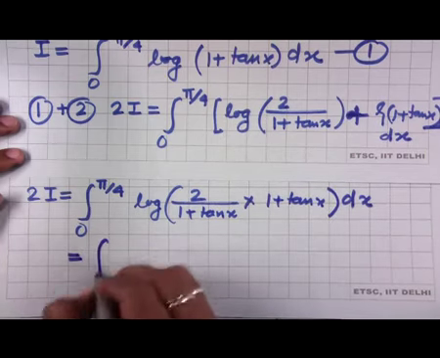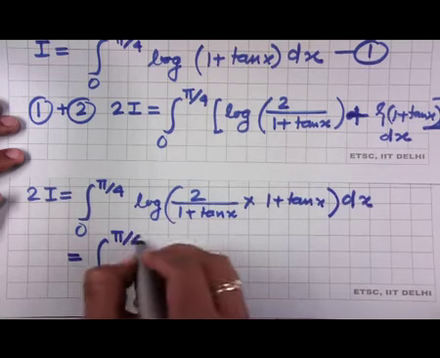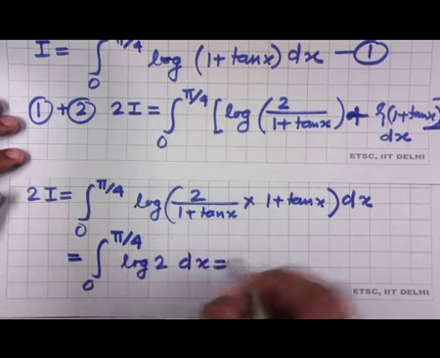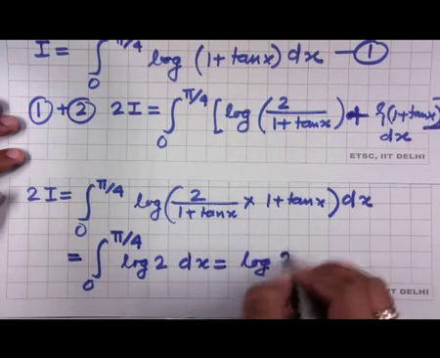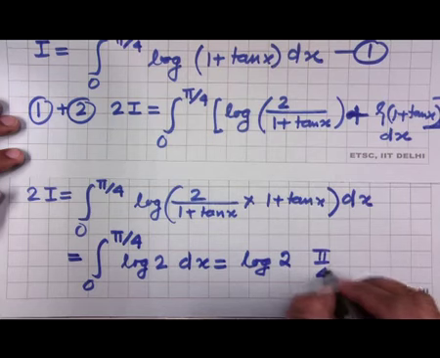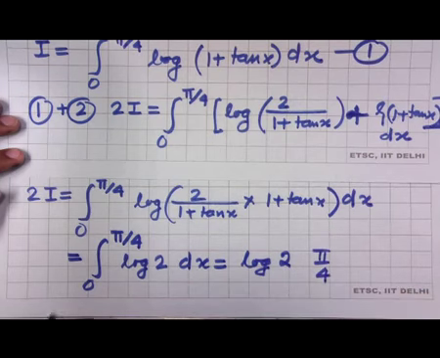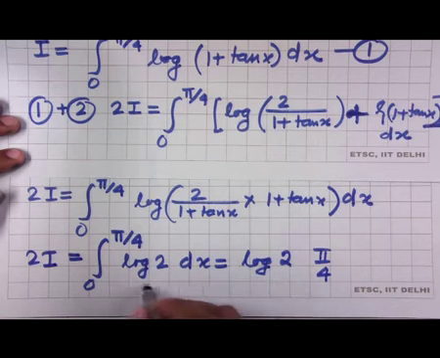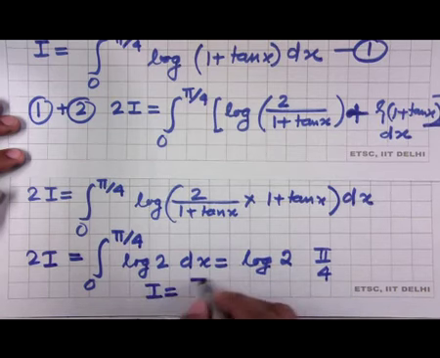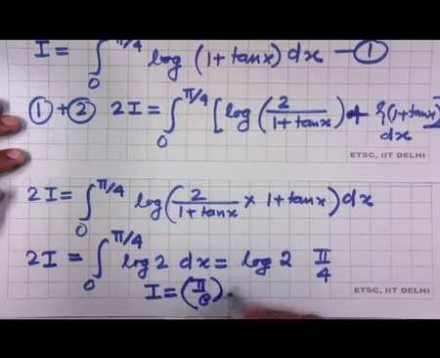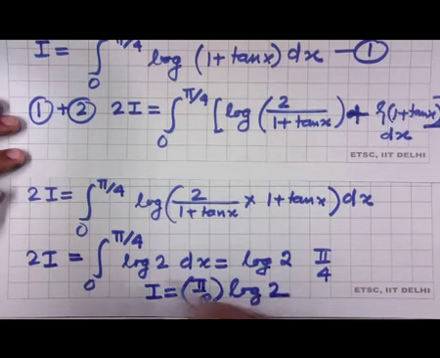This is equal to 0 to pi by 4 log of 2 dx, which is equal to log 2 times pi by 4. So 2I is log 2 into pi by 4, therefore I is pi by 8 log 2.